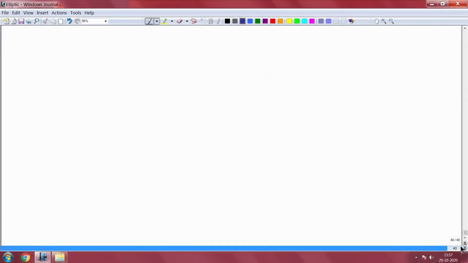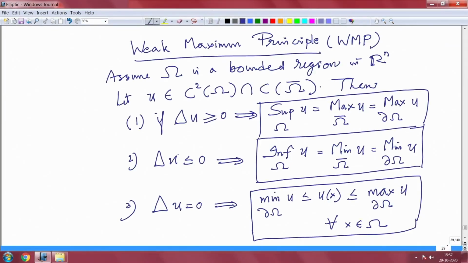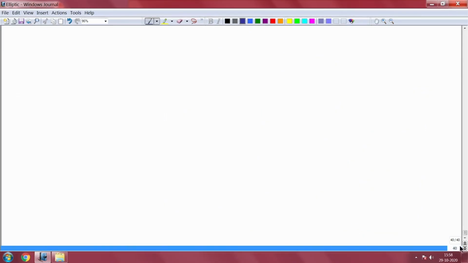These are called the weak maximum and minimum principles, both are there. As I said, such maximum and minimum principles can also be derived for general second order elliptic and other operators.